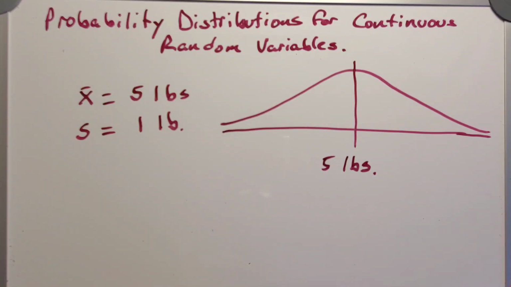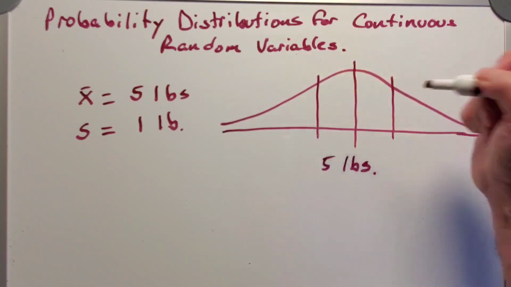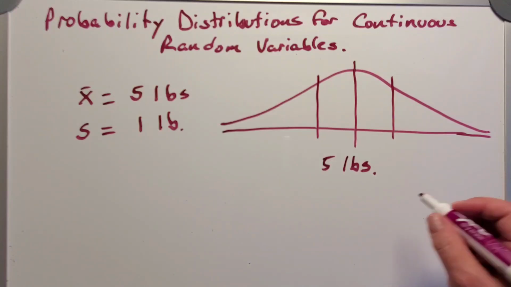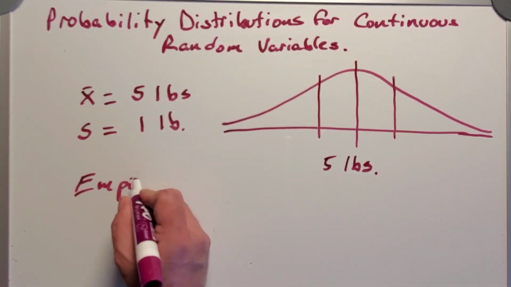This forms a probability distribution when we treat it as a resource for answering probability questions, like this. Let's say, and I'm just going to draw on something you probably remember, that we can use the empirical rule for this.